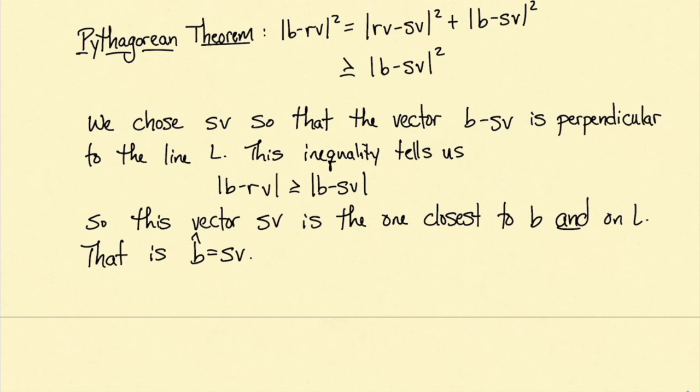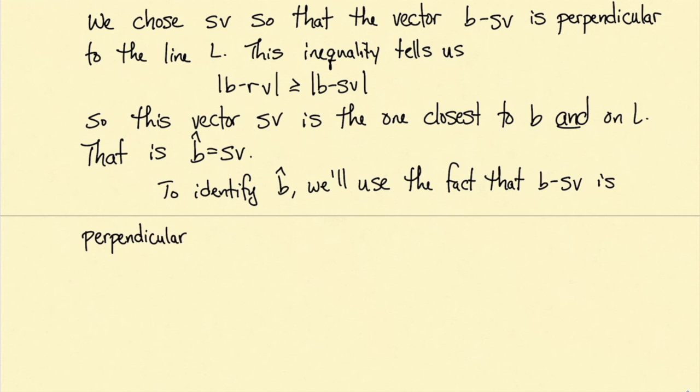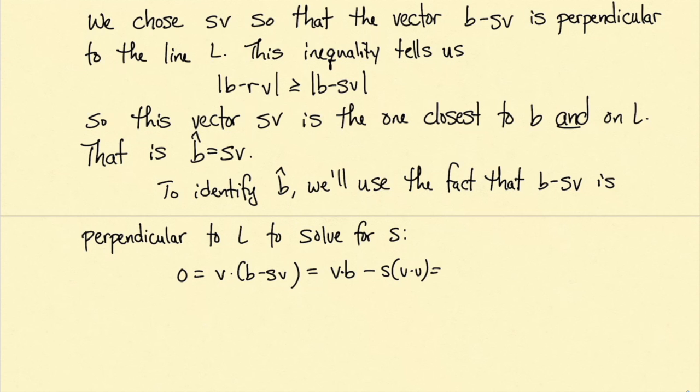Of course, if we want to identify what b hat actually is, we'll need to use this defining property that b minus sv is perpendicular to the line L. We'll distribute the v across to get v dot b minus s times v dot v is equal to v dot b minus s times the norm of v squared.